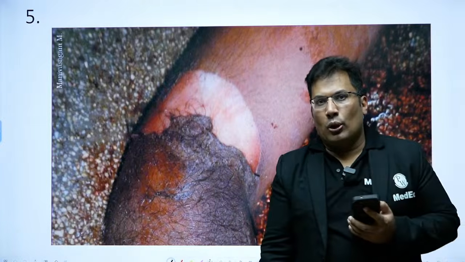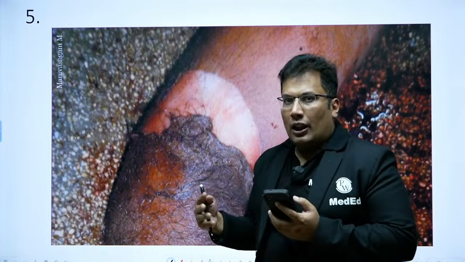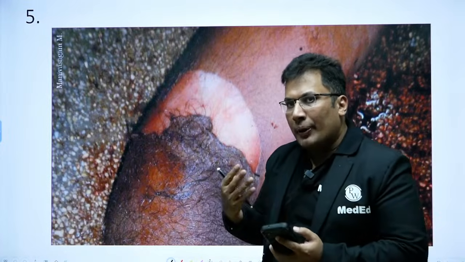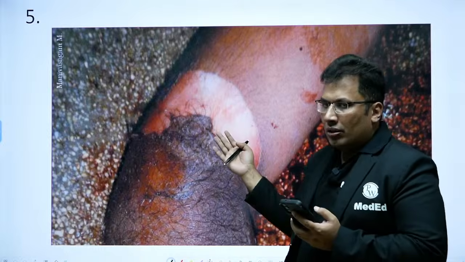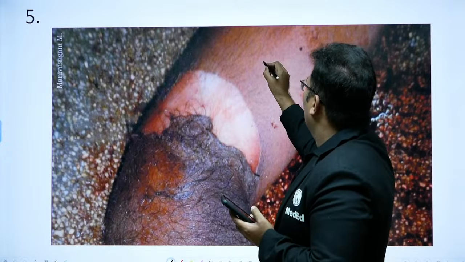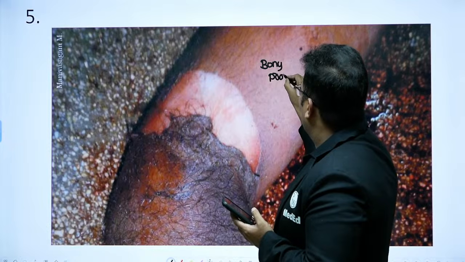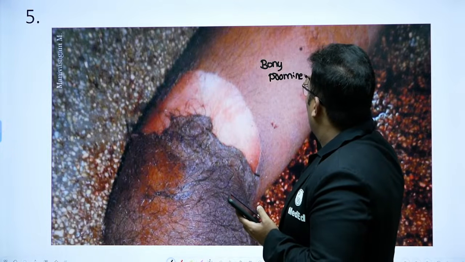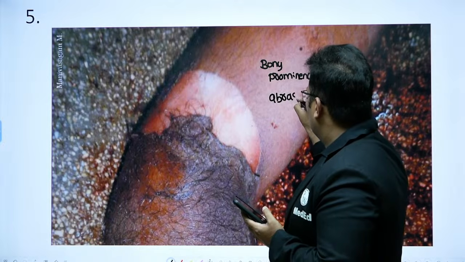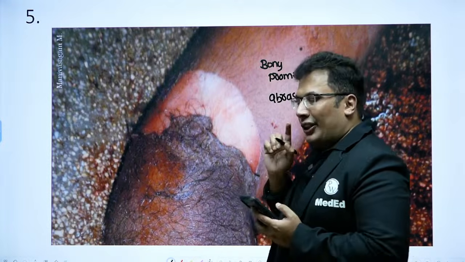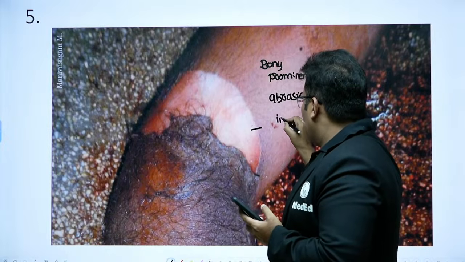Now one more question. Now I am in the autopsy room, Shava Pariksha room. What we can see here at the bony prominences is an abrasion, but there is no inflammation.